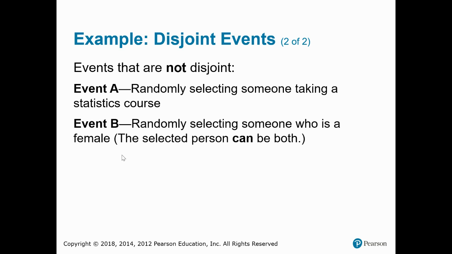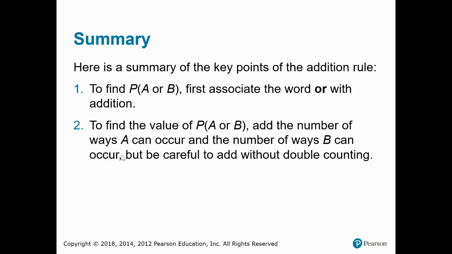Events that are not disjoint. Randomly selecting someone taking a stats class. Randomly selecting someone who is female. Those are not disjoint, right? If I randomly selected someone in the school, there are several females in this room. Very, very good young ladies that are taking this stats class. But that is not a disjoint event. They are not disjoint. Okay?